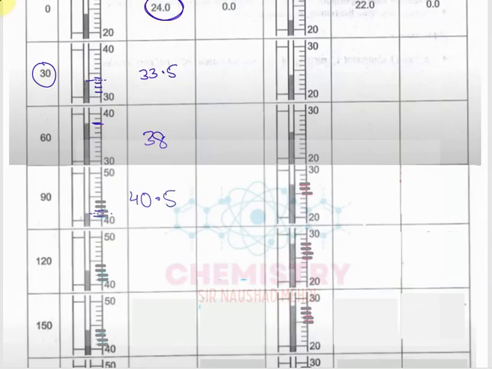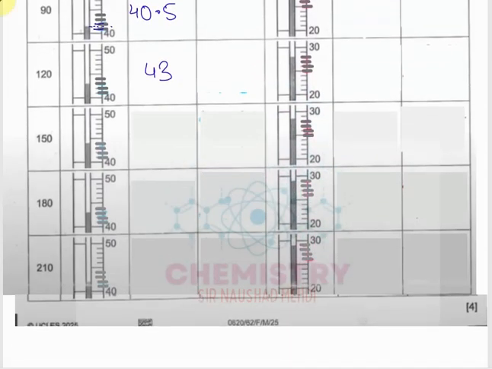The next one is 41, 42 and 43. The next one comes around 41, 42, 43, and this one 44. Then we have 41, 42 and 43 again. And the last one is around 41.